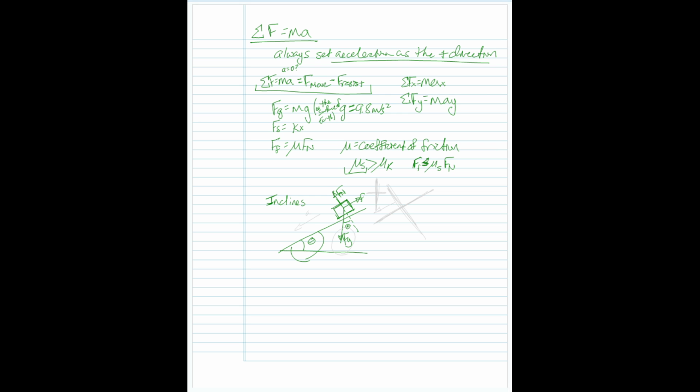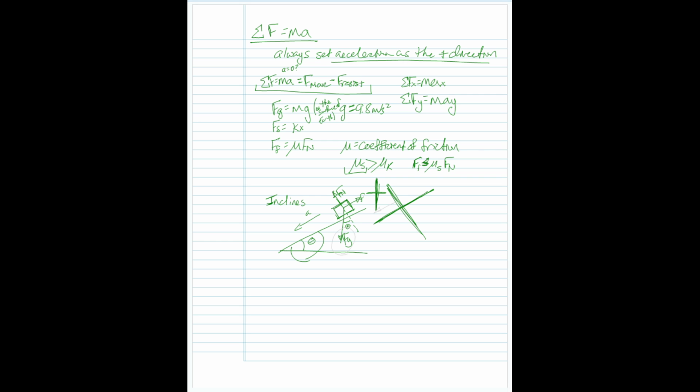Now, you might be tempted to use vertical and horizontal axes, but I would strongly encourage you not to do that, because if this object is accelerating downhill, well, downhill is down vertically and to the left horizontally, and you're going to have it accelerating in both the x and y directions. Instead, rotate your axis to be parallel to the ramp and perpendicular to the ramp.